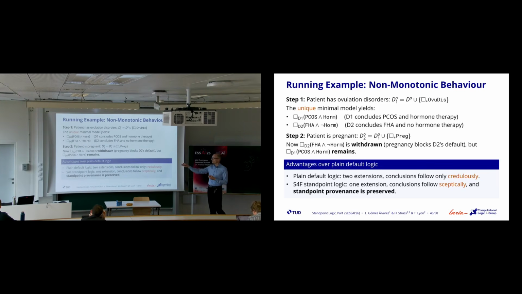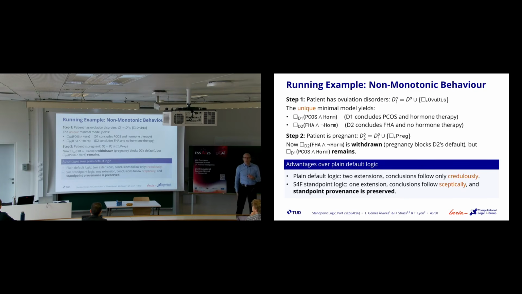It says, according to standpoint D1, so according to medical community D1, the patient has PCOS and needs hormone therapy, but at the same time also concludes, according to subcommunity D2, the patient has FHA and should not get hormone therapy. Right?